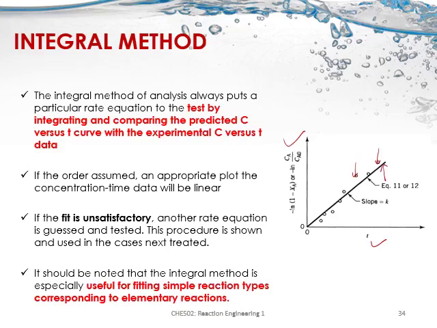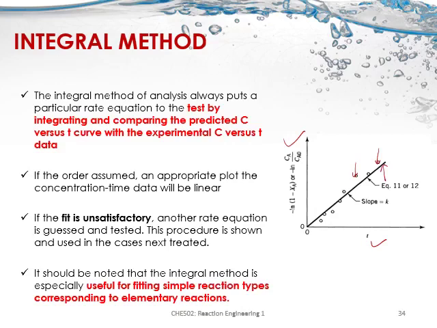All right. Look at the second point. If the order assumed is appropriate, the plot of concentration time data will be linear. So we are referring to a linear model, right?